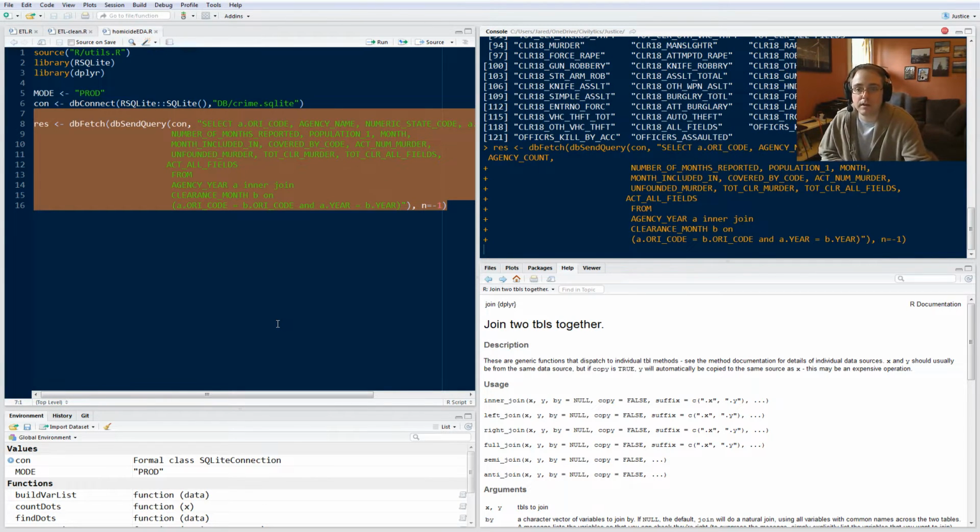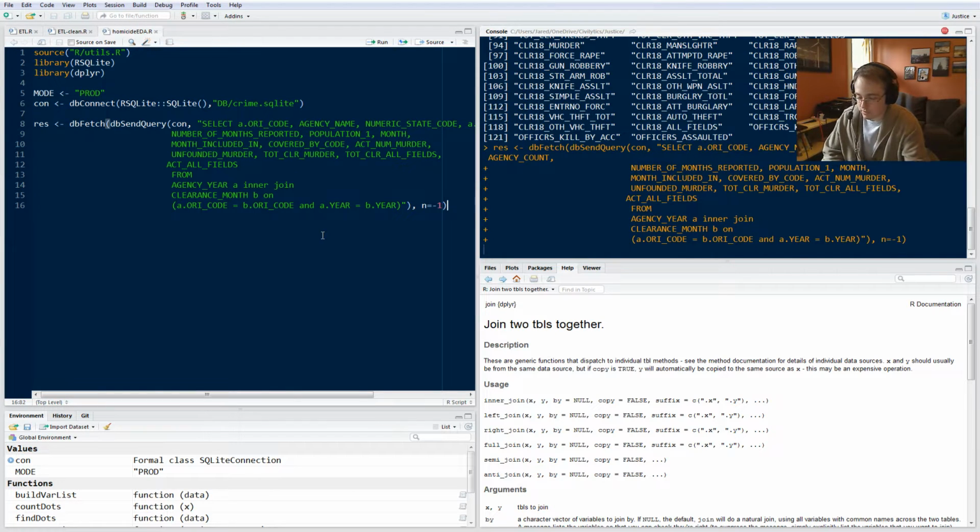So this is going to be a big SQL query. It's going to be going through, and after it runs, we'll be able to do a bit of analysis.